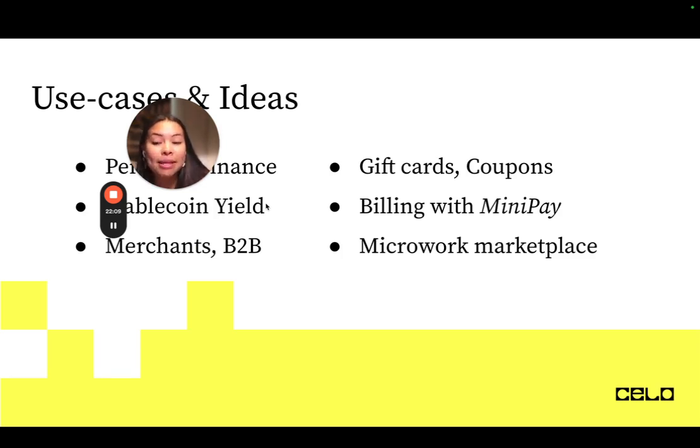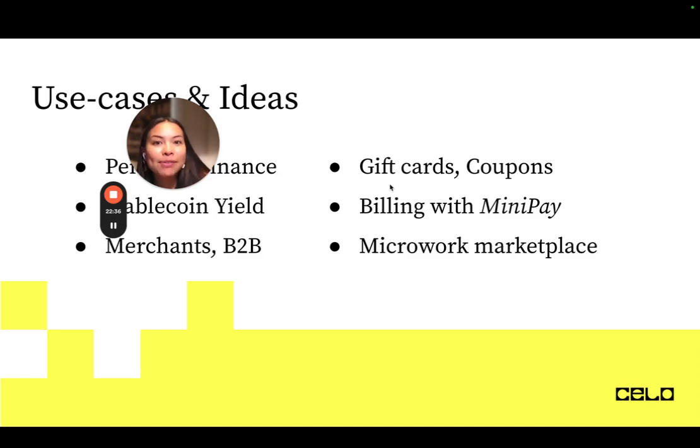Maybe that's personal finance, maybe that's interacting with merchants, or anything like B2B. Maybe this is using gift cards for a local area, or coupons. Maybe this is billing. Maybe this is micro work and earning stablecoins for doing a task or an activity. There's a bunch of different use cases that would make sense on a MiniPay app in this distribution network.